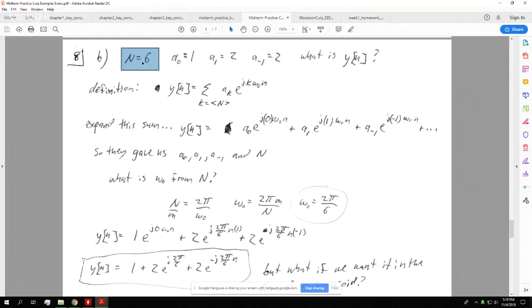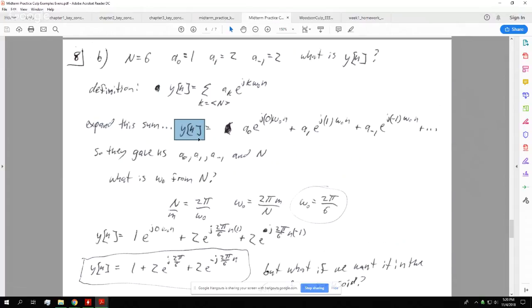To actually solve this, we take the definition of a signal: the summation over a single period of our Fourier series coefficients times this complex exponential. That's all you have to do. This is a compacted form, but let's expand this sum real quick and see what it looks like.